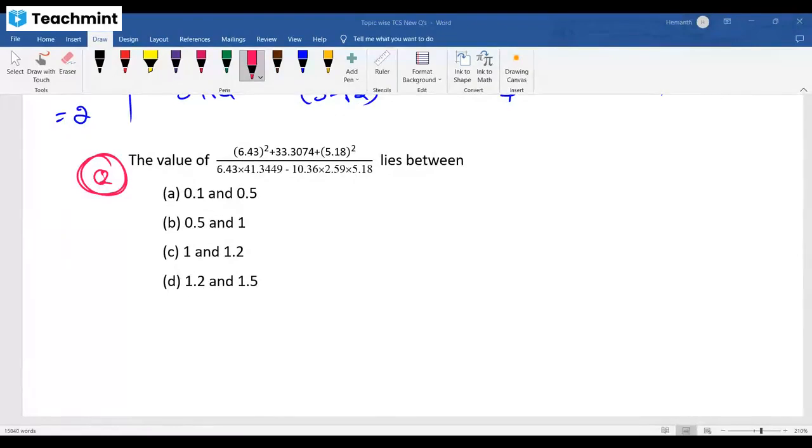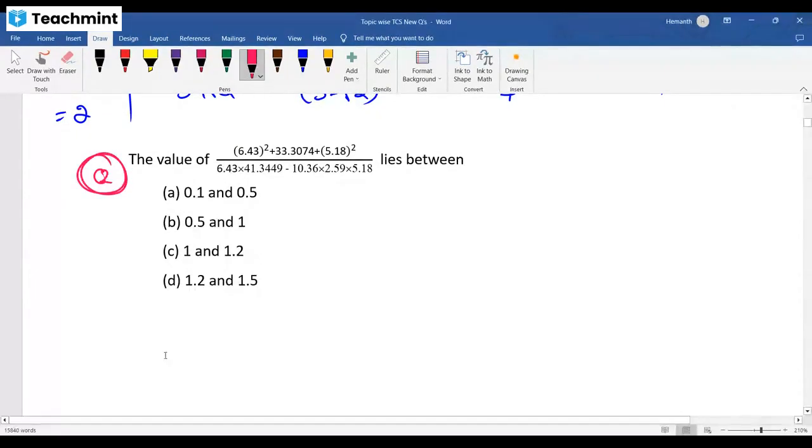Everyone do this question. Last question this session. Work on this. Calculator allowed. Virtual calculator.